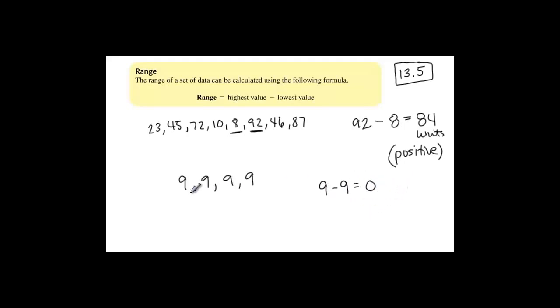So it is possible, if every observed value in your data set is the same, that we would have a range of 0. If we have a highest value minus a lowest value that differ, we'd end up with a positive range. So the range will never be negative. It'll always either be positive or 0.